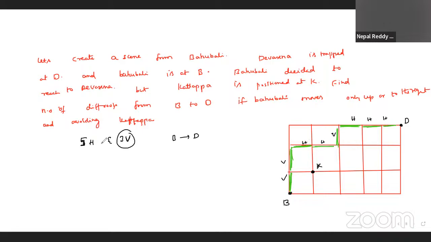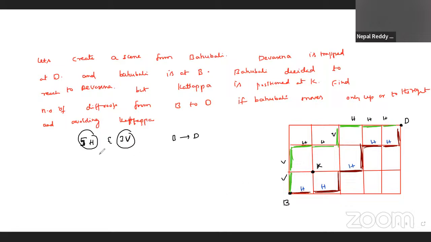If he chooses another way, 1, 2, 3, 4, 5, 6, 7, 8, in this case also horizontal, horizontal, horizontal, horizontal, horizontal.